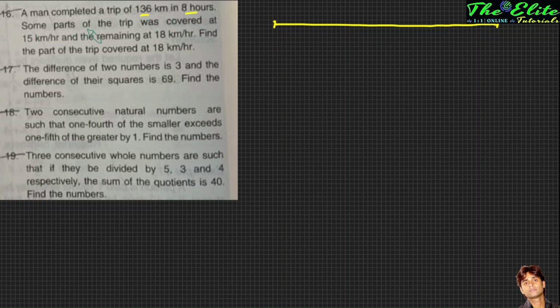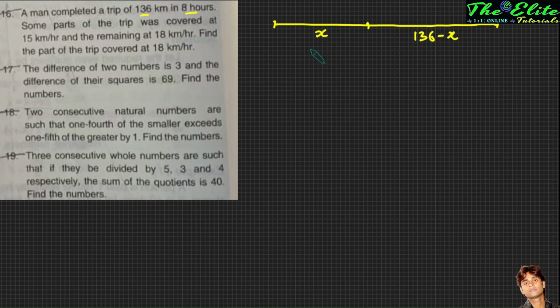Some part of the trip was covered at this speed and the remaining at this. Suppose this part is x kilometers, then this will be 136 minus x kilometers, because the total distance is 136 kilometers.